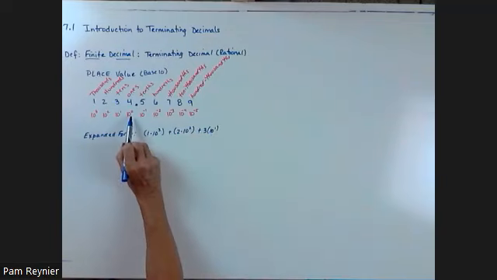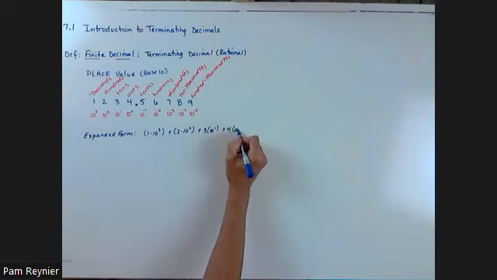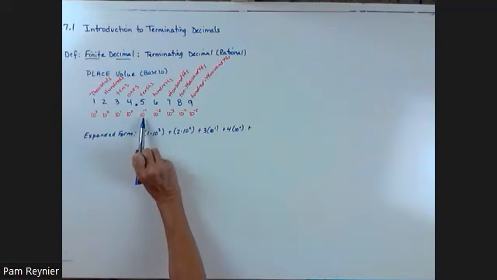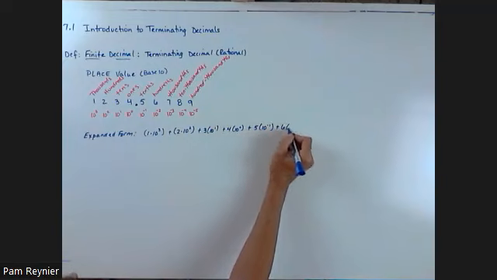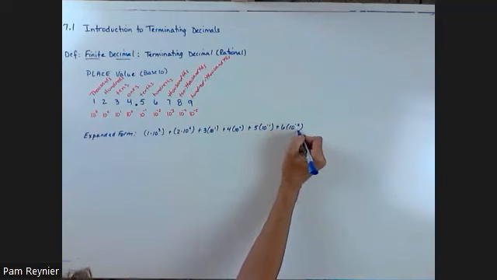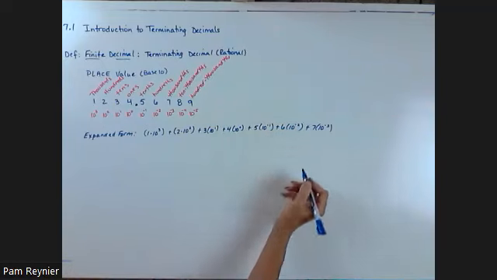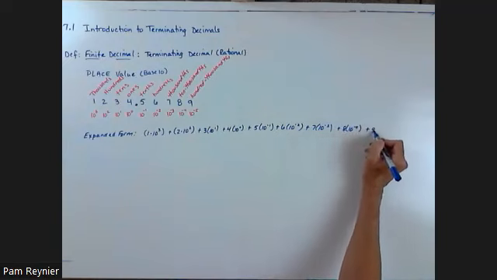This would be 4 times 10 to the 0. And if I keep going, I'm going to have 5 times 10 to the -1, 6 times 10 to the -2, 7 times 10 to the -3, 8 times 10 to the -4, and 9 times 10 to the -5.